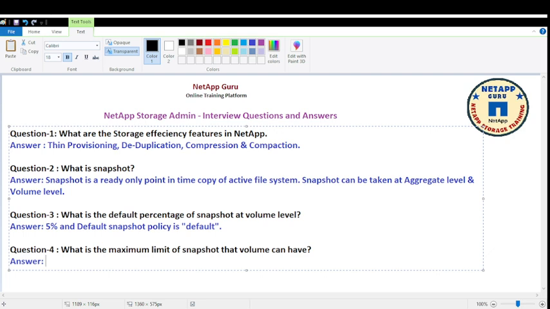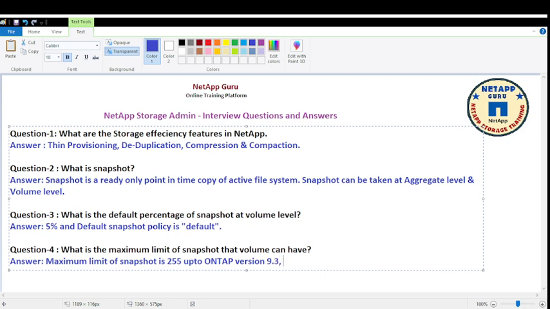the maximum limit of snapshots is 255 up to ONTAP version 9.3.